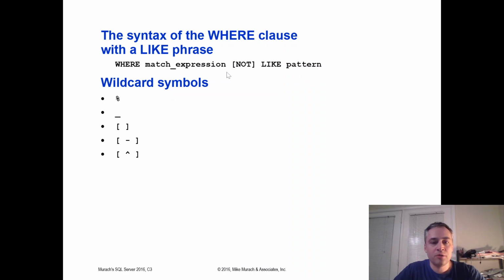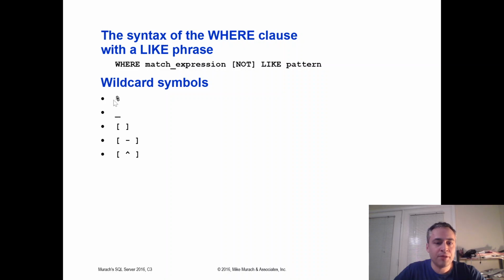The expression is the string expression, like a varchar or char expression, and the pattern is the regex expression that is done with characters. The percent wildcard means any number of symbols, and the underscore is another wildcard that means one character.